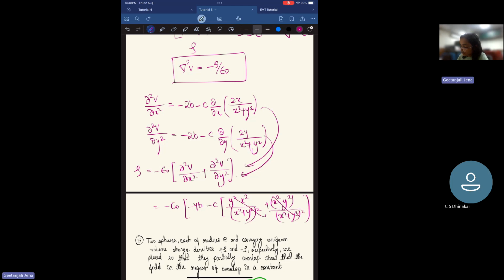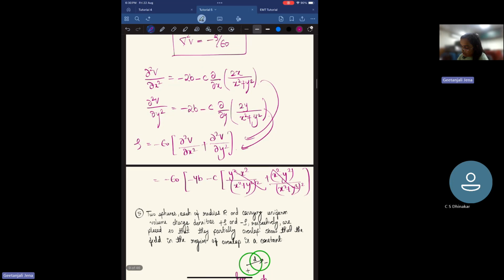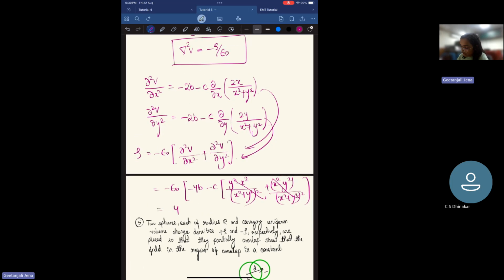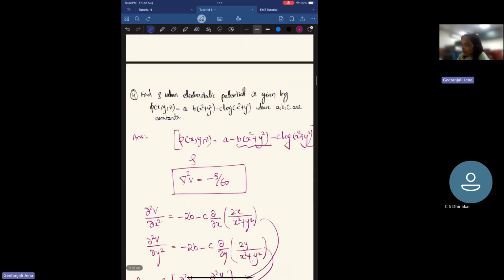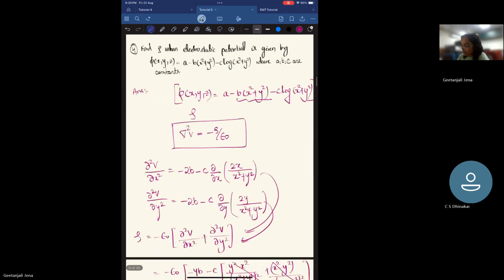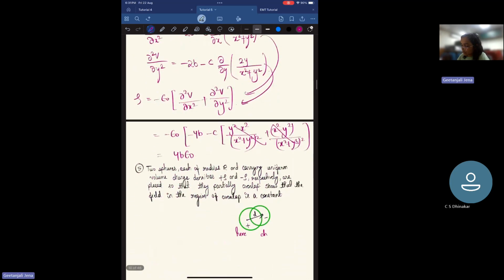So this will cancel. That is why we will have the charge density, which is 4b. So the answer will be 4b epsilon.